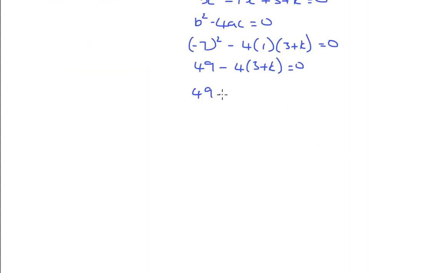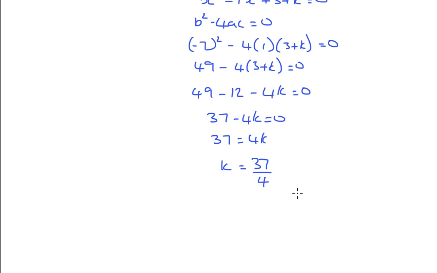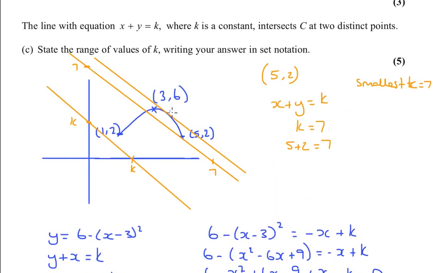That's 49 minus 12 and minus 4k, which is 37 minus 4k, which means that the line will be a tangent if k is equal to 37 over 4. So that is the first value that makes a tangent line, or it's the only value that makes a tangent line, but it's the first value that makes the line only hit the graph once.